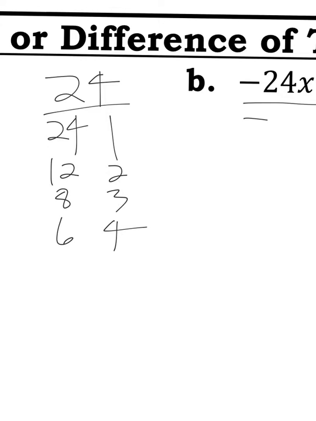Okay, so what is a perfect cube? Because this section's about sum and difference of cubes. So which number here is a perfect cube? And that's 8. Okay, 24 and 1, 12 and 2, 6 and 4, none of those are cubes. But 8 and 3, 8 is a cube. So if you divide it by a 3, you're leaving behind an 8, which is a perfect cube.